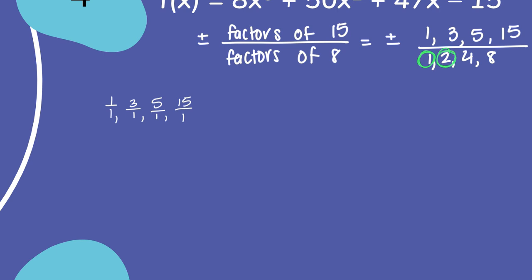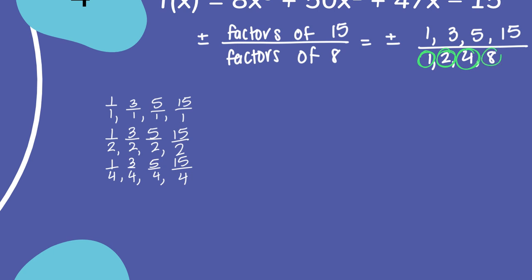Now I'm going to go to 2, doing the exact same thing: 1 over 2, 3 over 2, 5 over 2, and 15 over 2. Moving on to my 4s: 1 over 4, 3 over 4, 5 over 4, and 15 over 4.